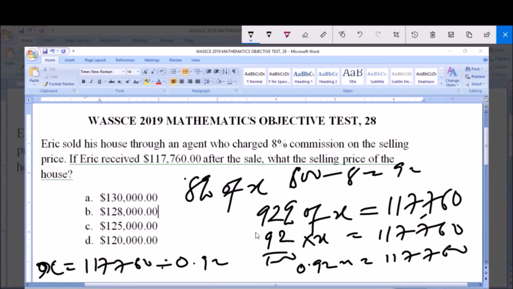When you punch that in your calculator, 117,760 divided by 0.92 gives you $128,000, and this is the selling price of the house, $128,000, and that's option B.